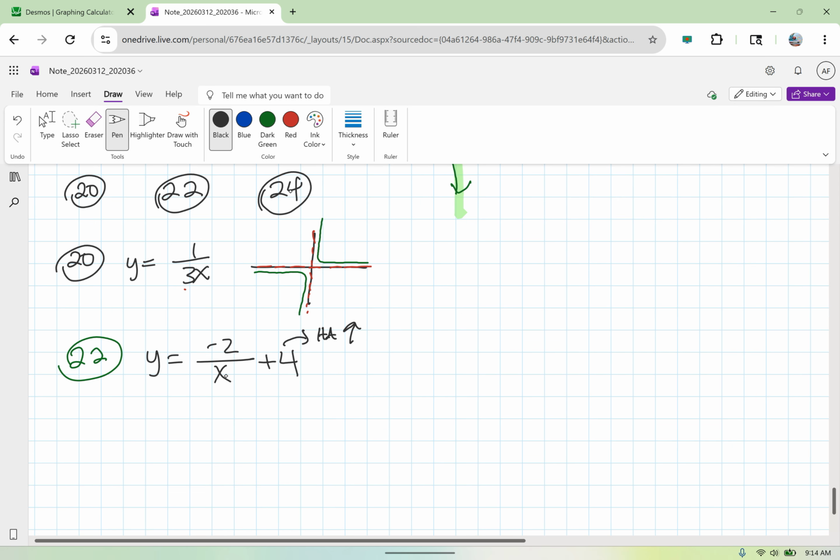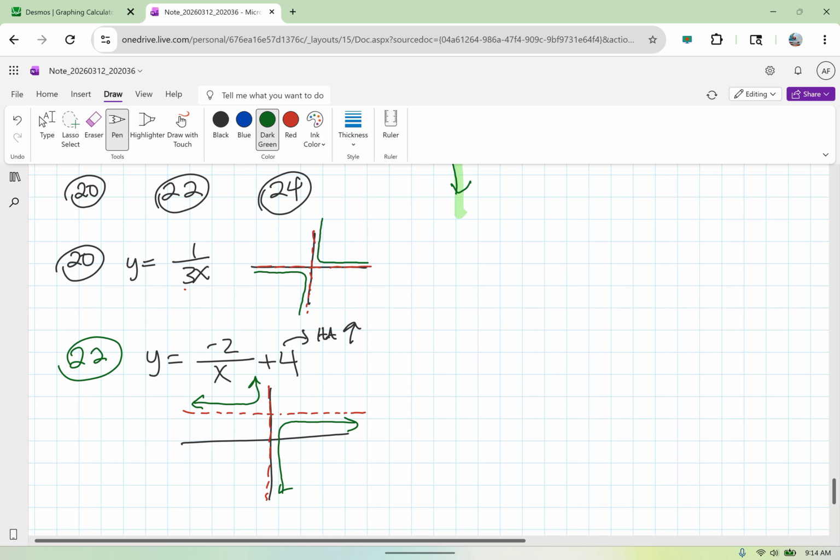I do not have an h value, so that means that I'm going to be at x equals 0. Quick graph, quick asymptotes. Just estimate this. It's flipped. That means that I'm going to have a graph in these quadrants, this portion of your asymptote.